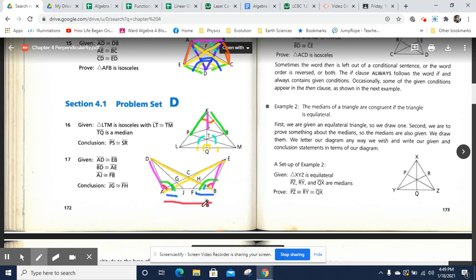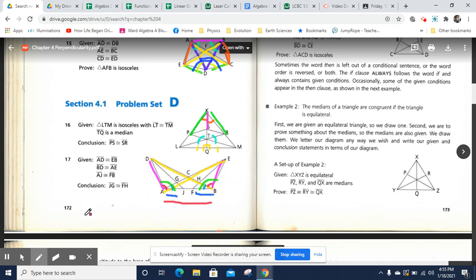And now let's see what else we can work out. Now, of course, the fact that this little angle here, you can call it DBA, and EAB, the fact that those are congruent points to the fact that ACB is isosceles.